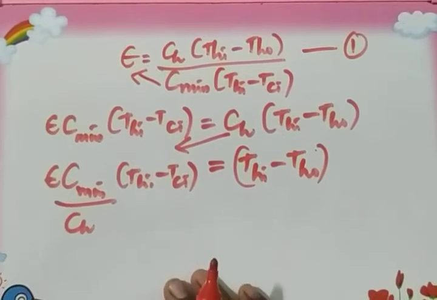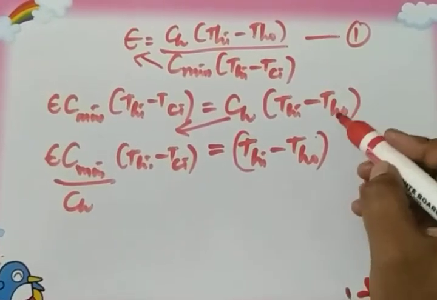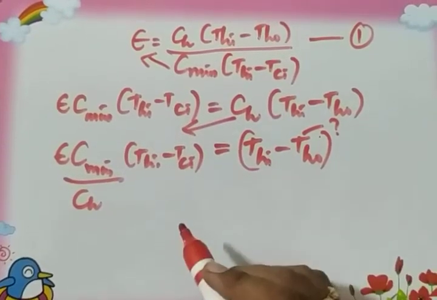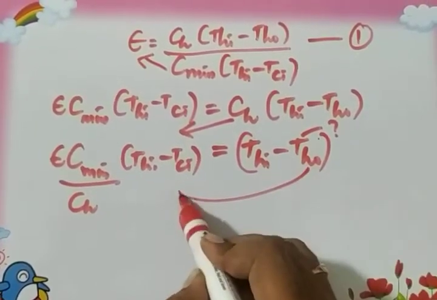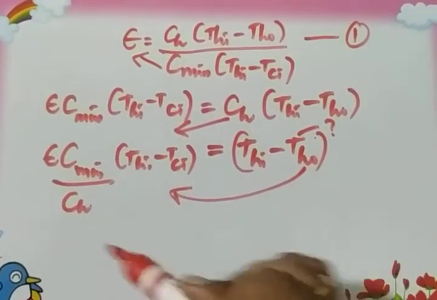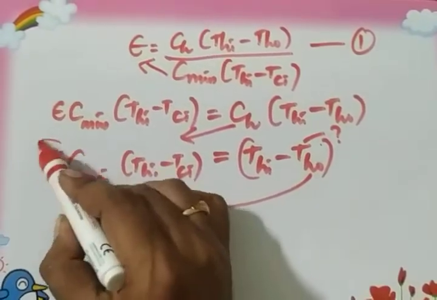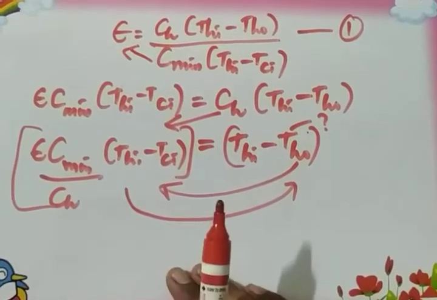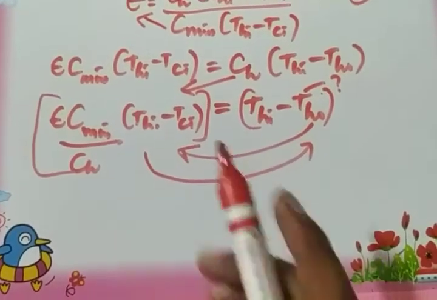Correct? Now finally, as I told, we want to have an expression for THO. So I'll bring this THO to this side so that it becomes positive, and this whole term to the other side. Thereby we get an expression for THO.